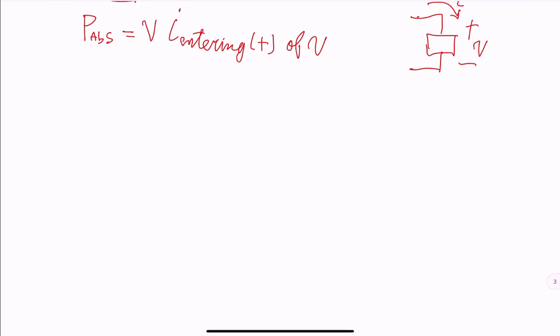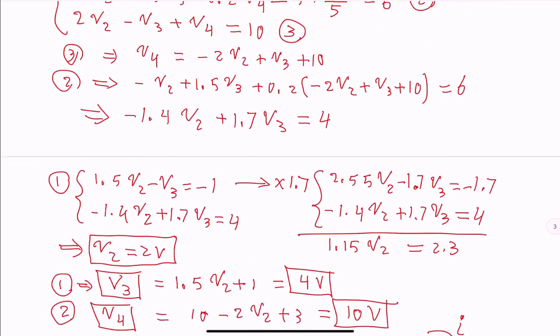So power absorbed, we don't have to write it. If we say power, we're referring usually to absorbed power, is 5I1. That is 5 times 1 plus I2. That is 5 times 1 plus, let's look at I2.